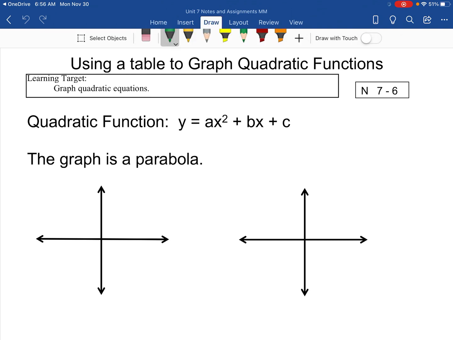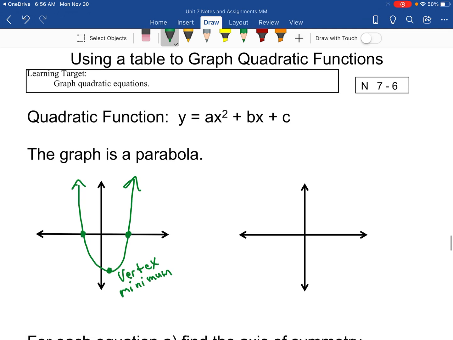If I have a parabola that looks like this, it has what we call a vertex. For this particular parabola, it is also called a minimum. It has roots, or x-intercepts, or solutions.